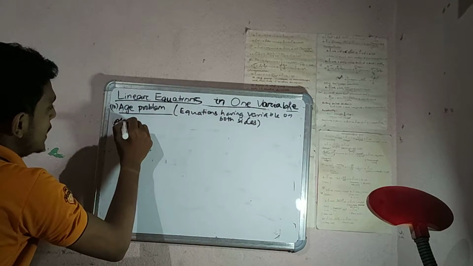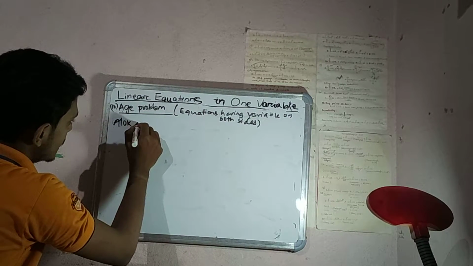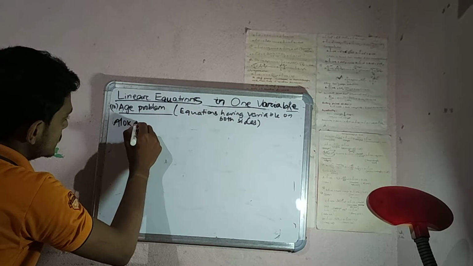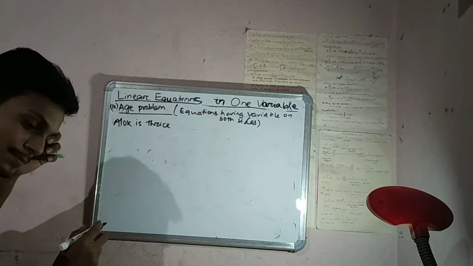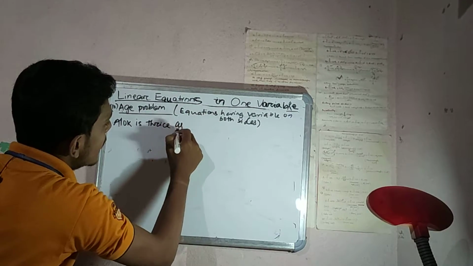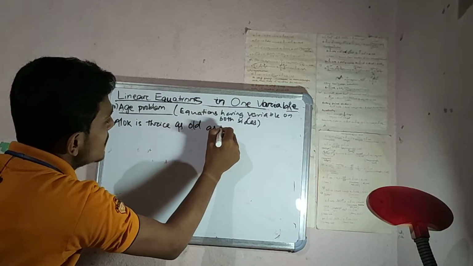Consider an example. Let Alok be thrice as old as Vidya.